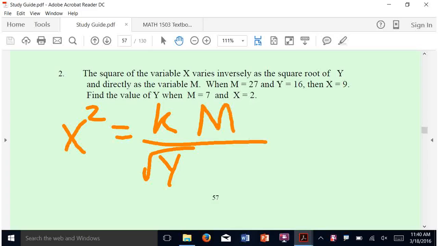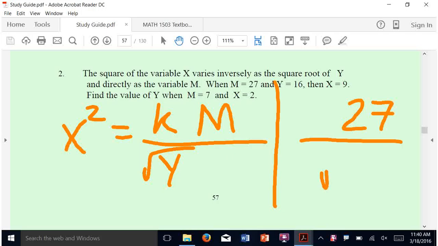So m goes on the top because it's direct variation. I'll separate these out. When m is 27, y is 16, and then x is 9.